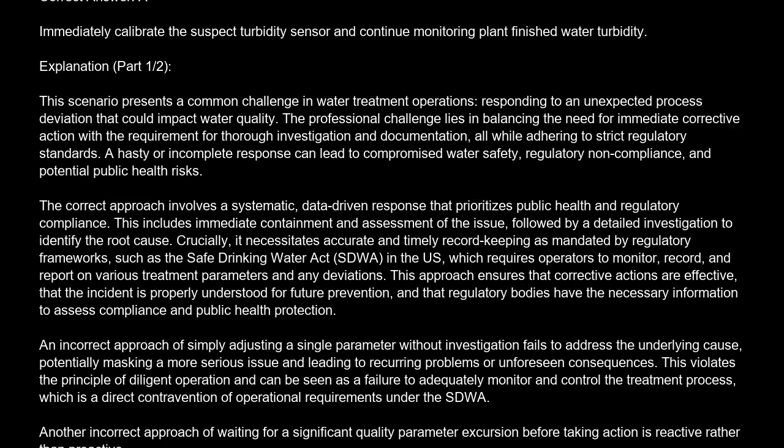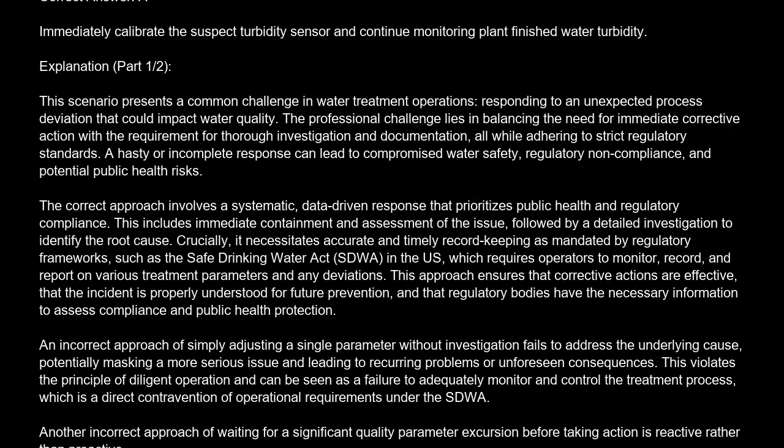A hasty or incomplete response can lead to compromised water safety, regulatory noncompliance, and potential public health risks. The correct approach involves a systematic, data-driven response that prioritizes public health and regulatory compliance. This includes immediate containment and assessment of the issue, followed by a detailed investigation to identify the root cause.